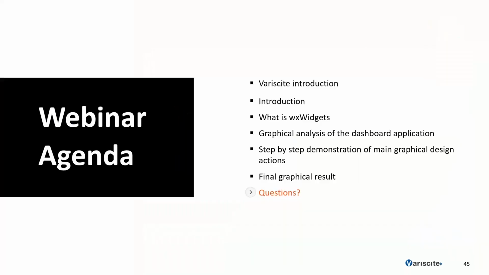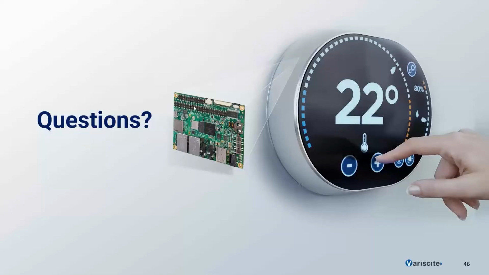Okay, and now question time. We have a question about the integration between wxWidgets and GStreamer. By default, wxWidgets already integrates GStreamer, and one of the examples is a video player based on GStreamer.